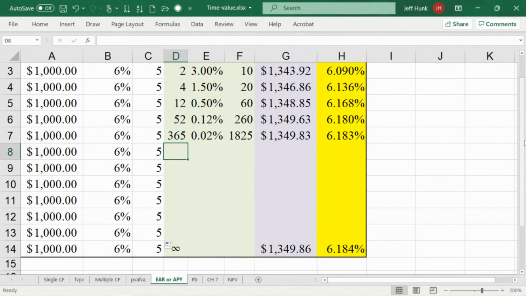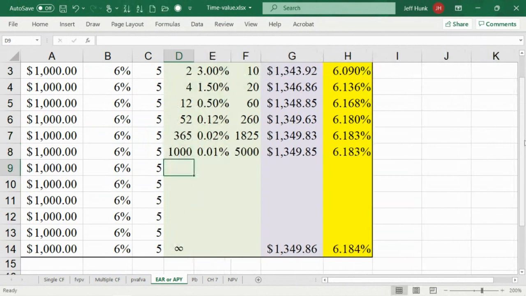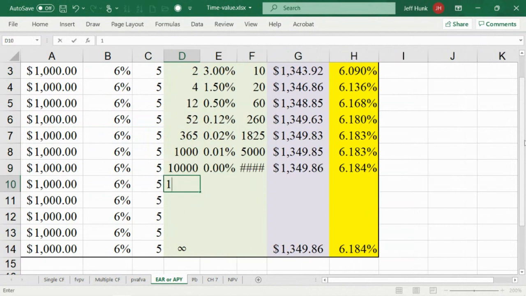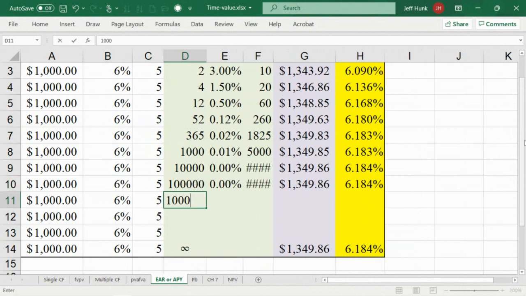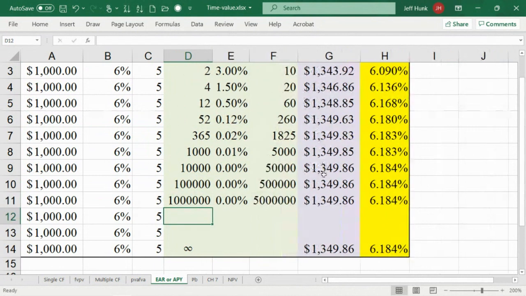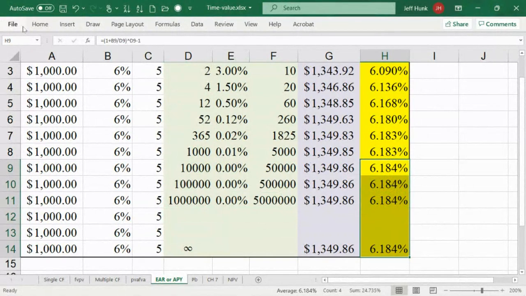Now, how about 1,000? How about 10,000? How about 100,000? 1 million. Now, what I want you to see here is, look at these numbers.